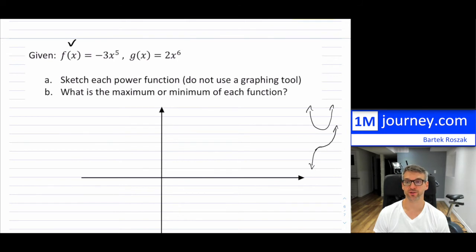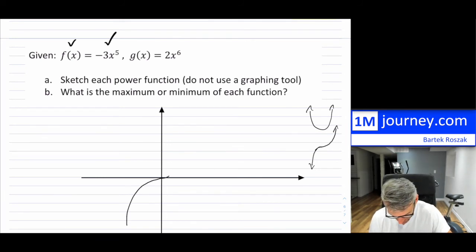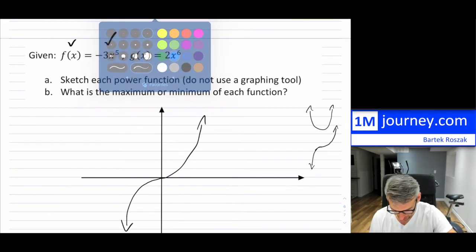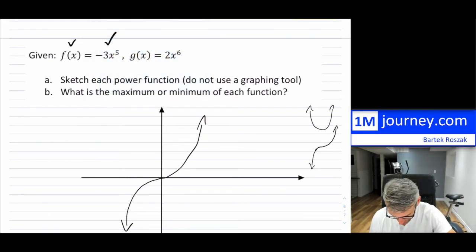Or a reflection. So this one, because it's negative 3, so that means instead of doing this, kind of like that, the negative 3 is going to reflect it because it's negative. So ours is going to look something like this. It's going to be like this, okay, and it's going to reflect back like that.